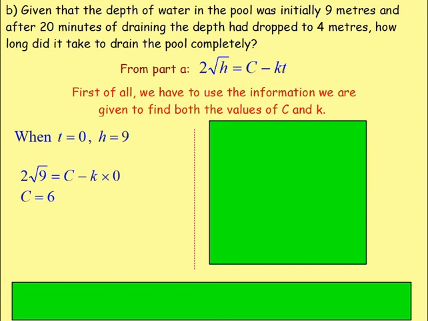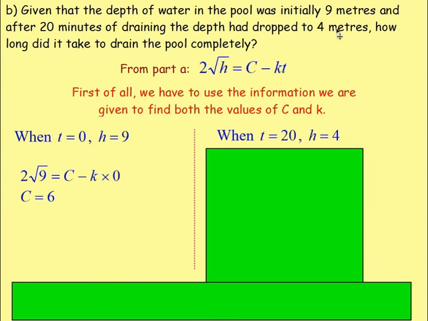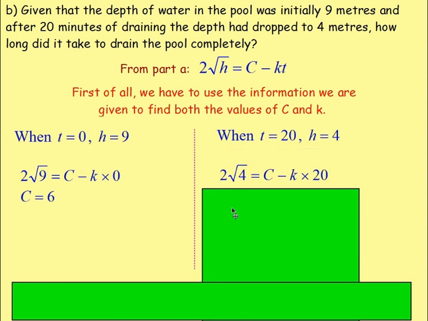We are also told that after 20 minutes of draining, the depth had dropped to 4 meters. So after 20 minutes, t is going to be 20, and h, the height, is going to be 4. Therefore, if we go back to the equation and replace t with 20 and h with 4, we'll have 2 times the square root of 4 equals c minus k times 20.